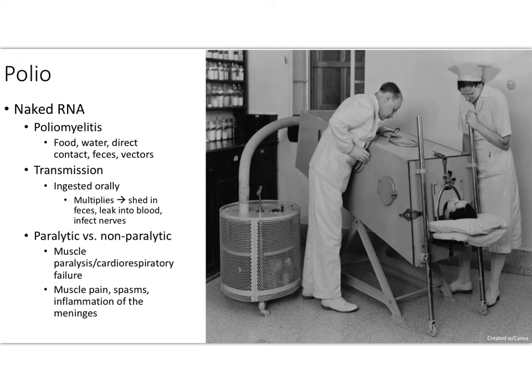What ends up happening in this case is that essentially the person's body becomes so damaged by this virus that their muscles become paralyzed, and they will oftentimes go into cardiorespiratory failure without external support. So the nerves in their body become so damaged that the nerves cannot interact with the muscles properly, and therefore the muscles cannot go through the appropriate contraction and relaxation cycles.